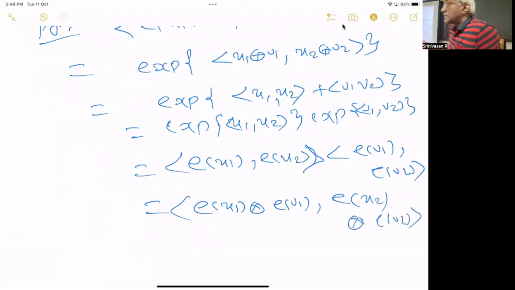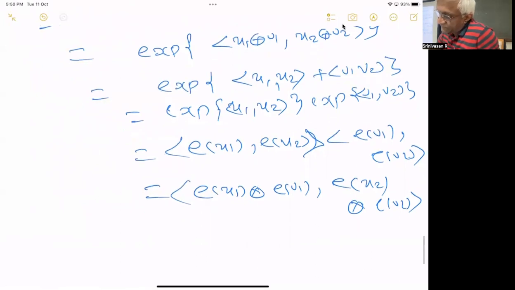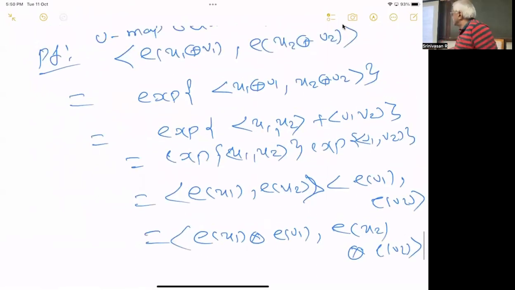So it preserves the inner product, and it extends to a unitary. So Fock space takes direct sums to tensor products.